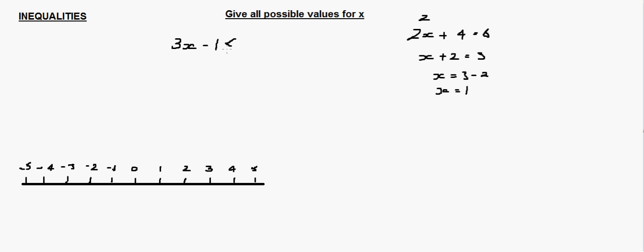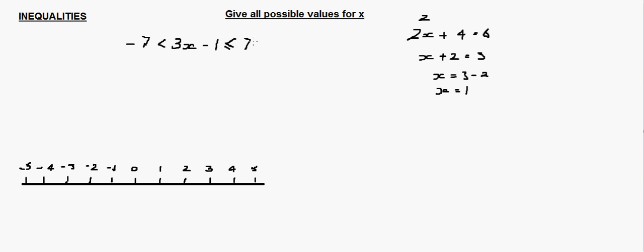Is less than or equal to, so let's say 7, and is more than minus, we'll make this -7 just to make it a little bit easier for me.